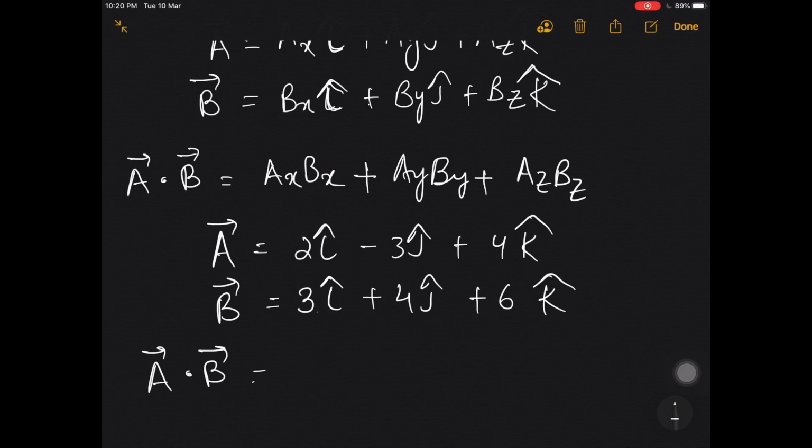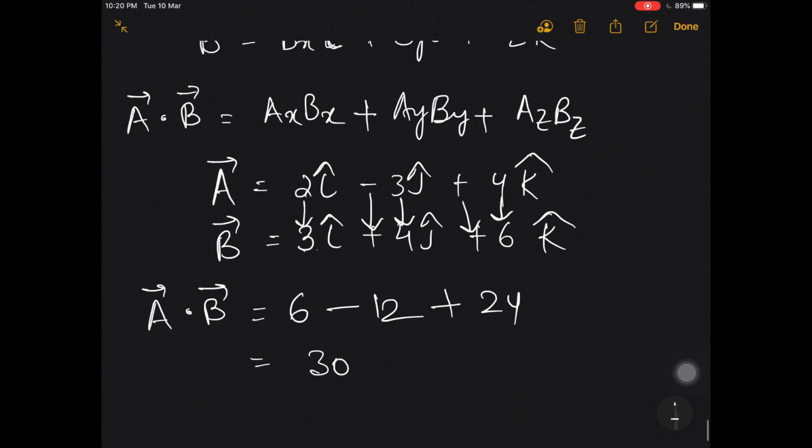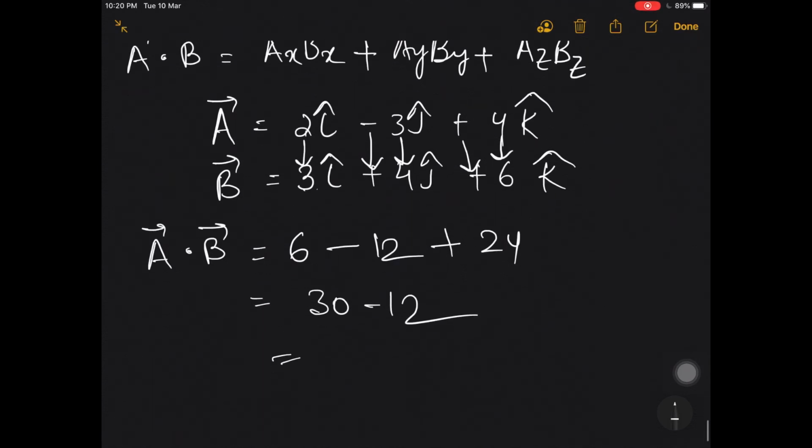So see, 2 into 3 is 6, minus into plus, 3 into 4 is 12, again plus into plus is plus, 4 into 6 is 24. So you can do this calculation, 30 minus 12, and the result is 18. So this is my answer.